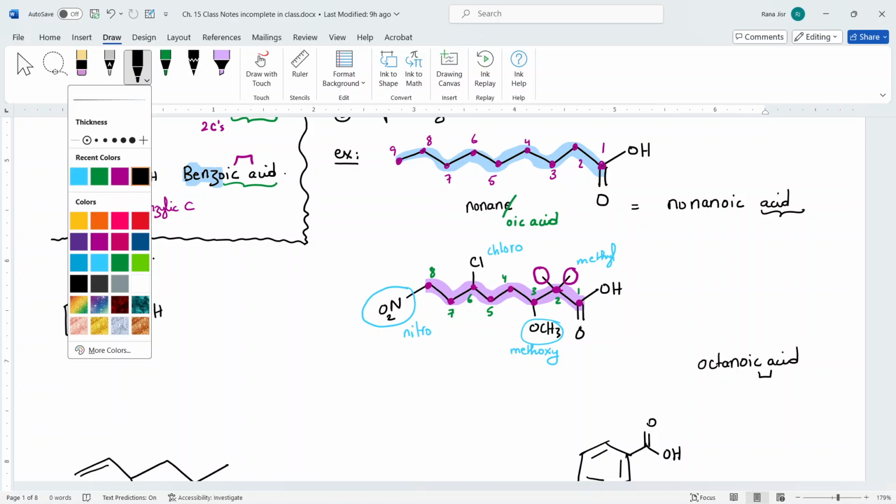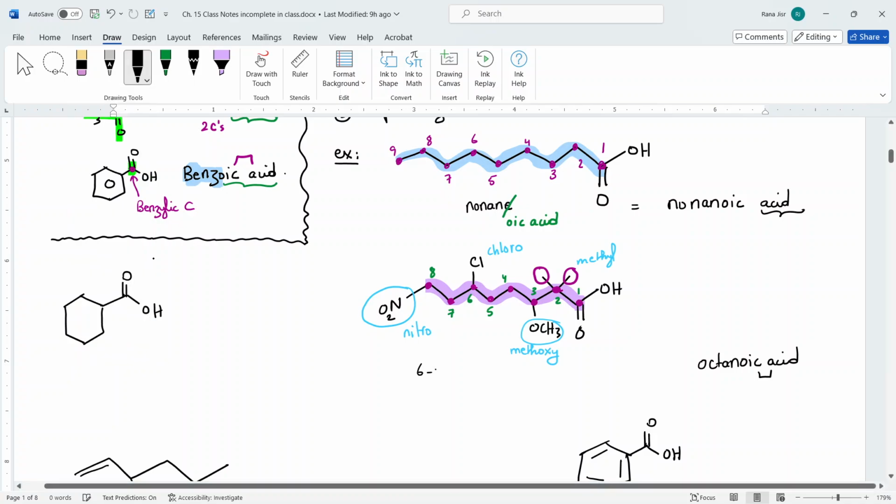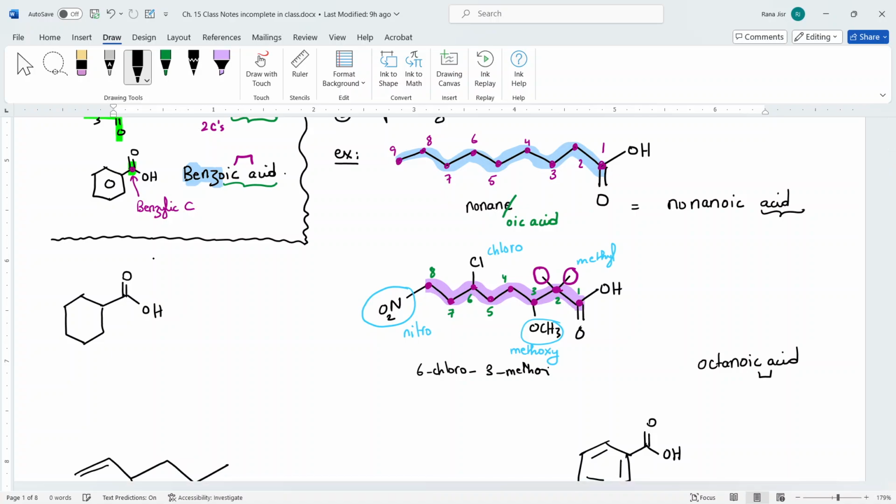So chloro comes first, so that is going to be 6-chloro. On carbon number 3, I have a methoxy. So that is going to be a methoxy. And then on carbon number 2, two of them, I have dimethyl. It's a dimethyl. Most of you are forgetting the prefix, which is di.